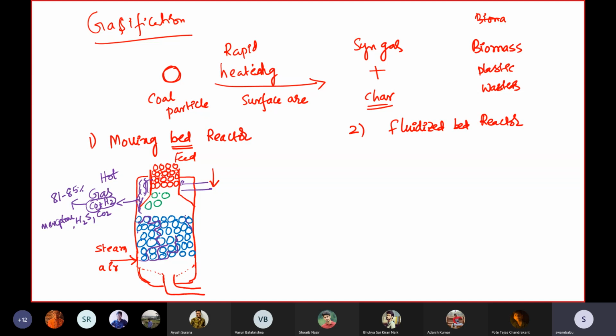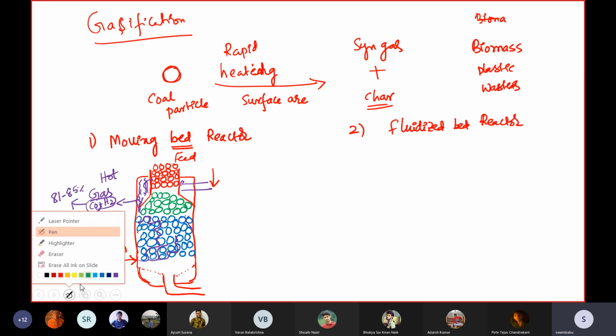The red particles are preheated, and after preheating, let's say these red particles are converted to green particles. The green particles are the preheated particles, and they come down and come in contact with steam and air, where gasification will take place.